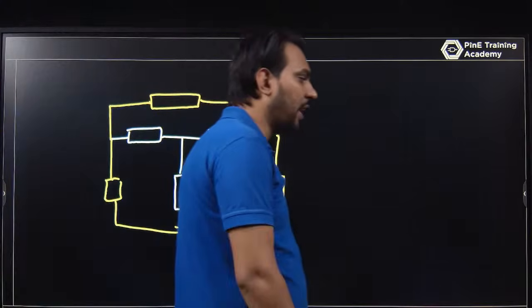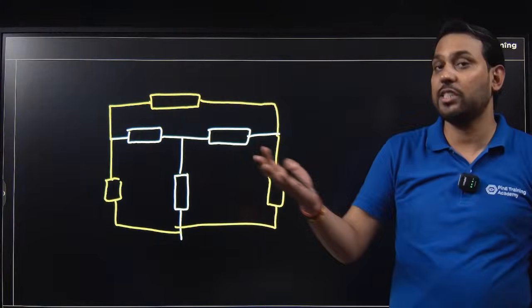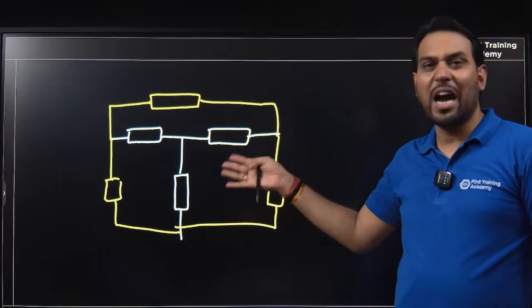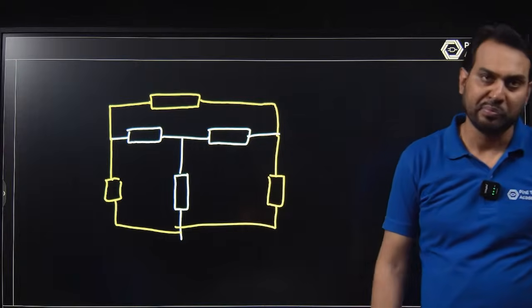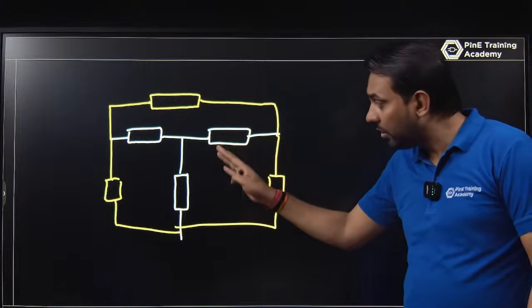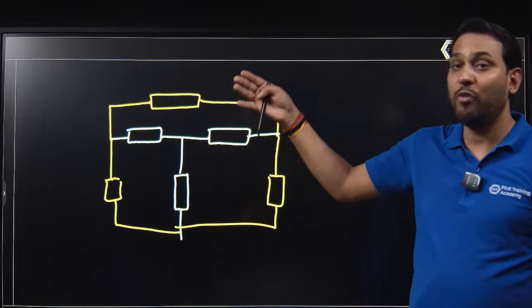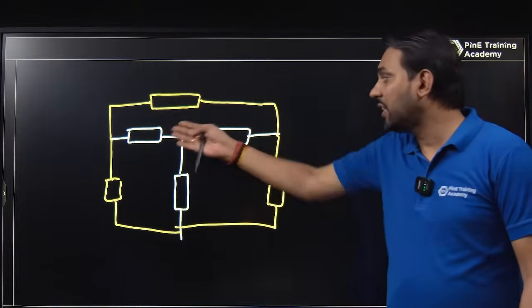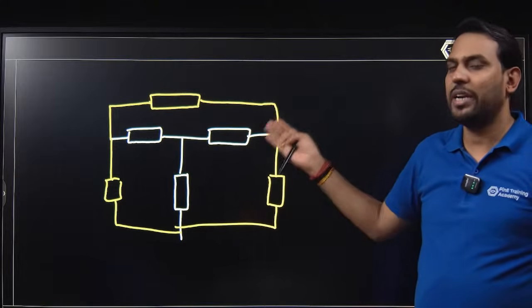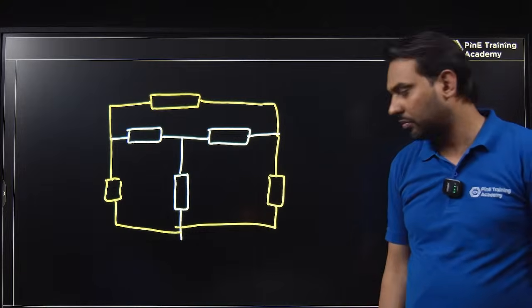We will solve a question where you will find there is no series and no parallel, so we convert star to delta, or T to pi. So if the star impedances are Z1, Z2, Z3, the delta ones will be ZA, ZB, ZC. What will be the values of ZA, ZB, ZC? We will discuss that, but first try to understand how we can convert it.